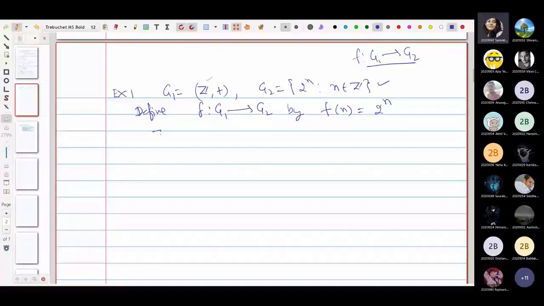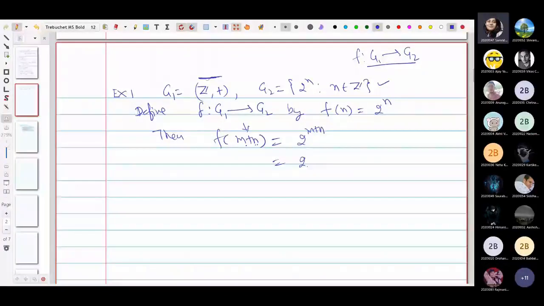Then suppose we are taking two elements m and n. In G1 the operation is addition, so we use addition between them. So by definition, f(m+n) should be 2 to the power m+n, where m and n are integers.